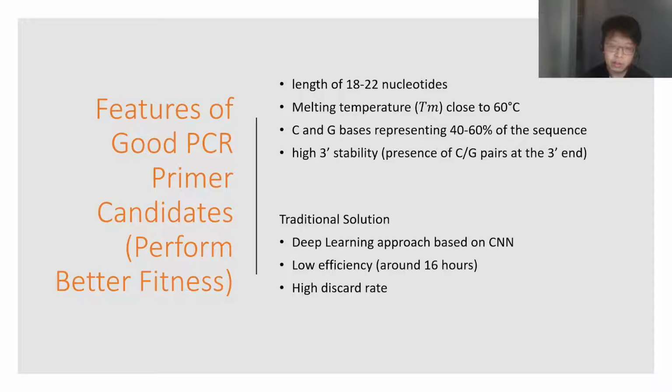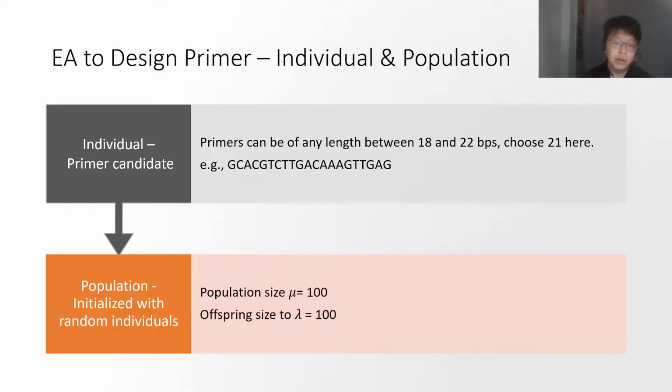The traditional solution based on the convolutional neural network might have some drawbacks, like low efficiency and a high discard rate. Maybe everyone knows the basic parts of the EA, so we just start the introduction. For the evolutionary algorithm, the first step is to know what the individual is and how to initialize the population.